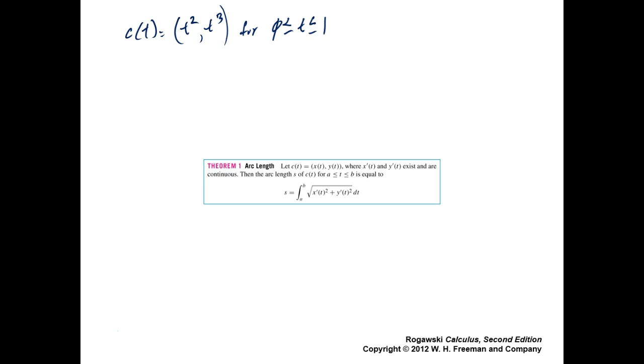But then you get around to 1 and you're at 1, 1, which would be right here. So you're starting here and going up to there. So it's following a shape that's not completely unlike a parabola, but it's not quite a parabola.